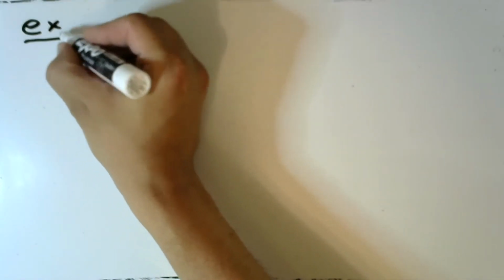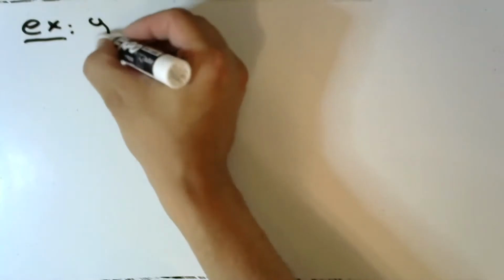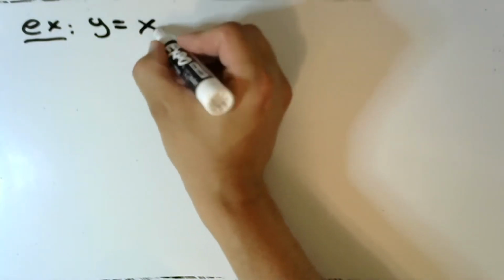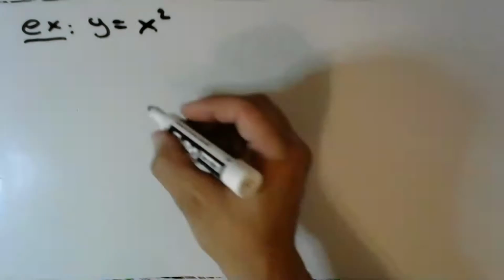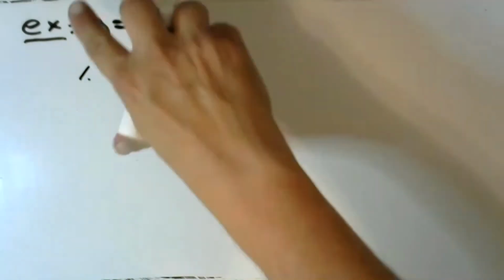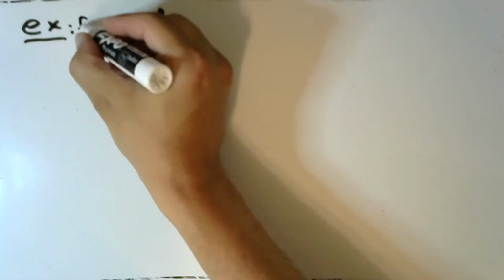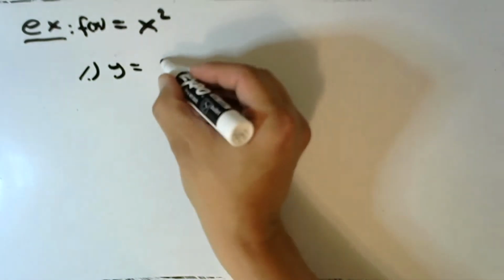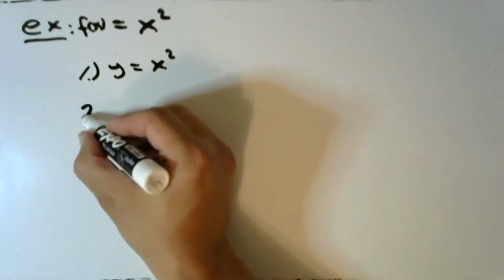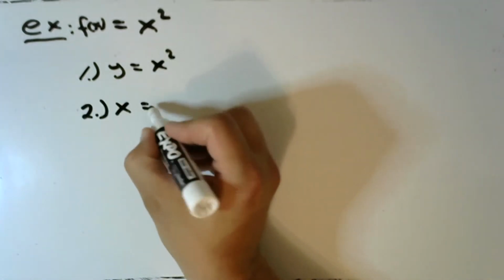I might have mentioned some care with x cubed. It's not really x cubed, it's this one. So we get y equals x squared. So we go through our steps. We already had it as y, let's say f of x. Step 1, make f of x into y. Step 2, swap them.